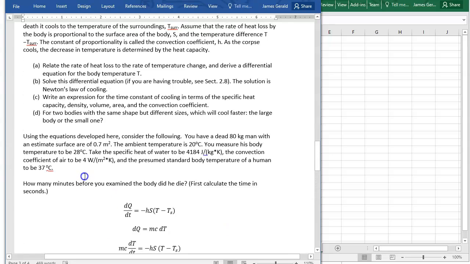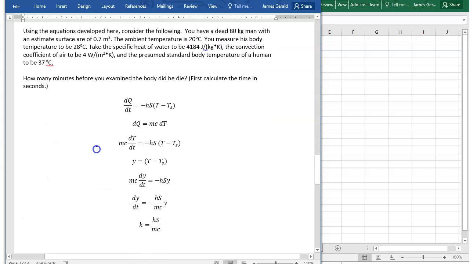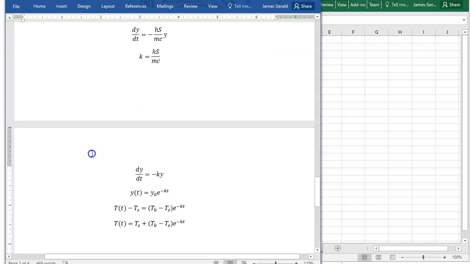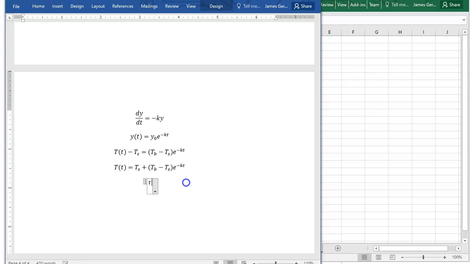Let's see, write an expression of the time constant of cooling in terms of specific heat capacity, density. Okay, so the time constant of cooling, we'll call it tau, is 1 over k, which is going to be mc over HS.